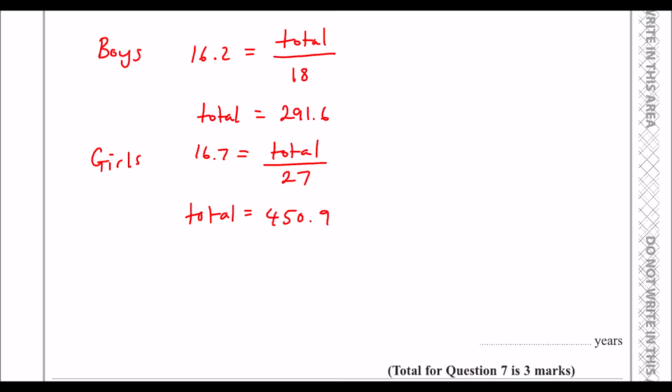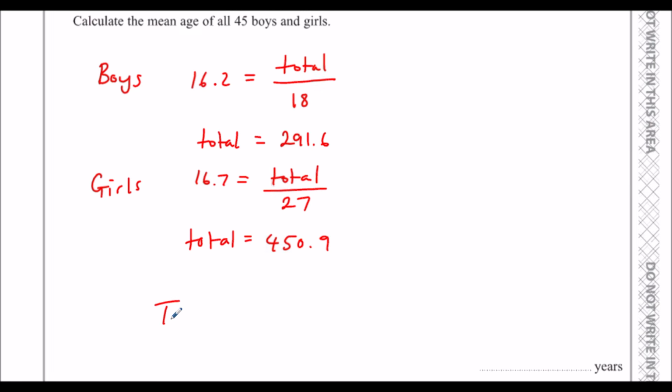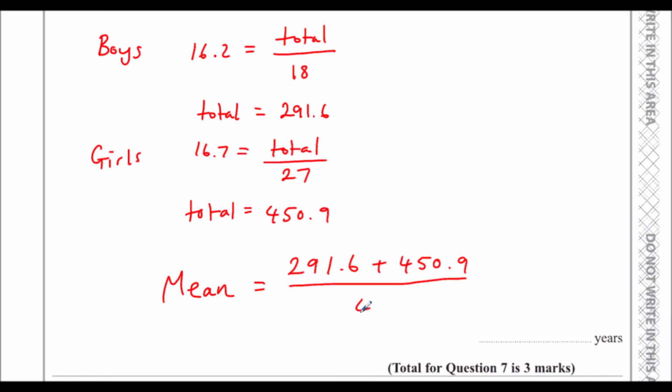So for the overall mean, I shouldn't have used the word total again. So the mean of all the boys and girls together is all the ages added up, divided by how many in total, and that was 45.